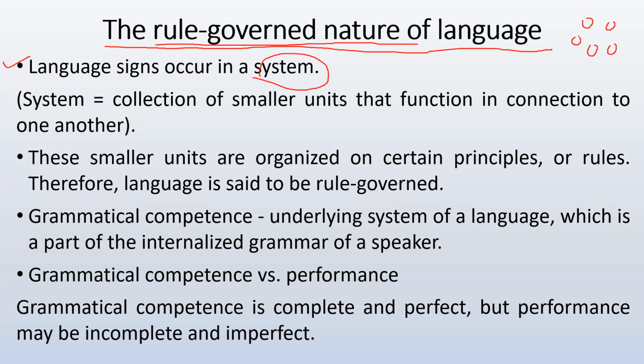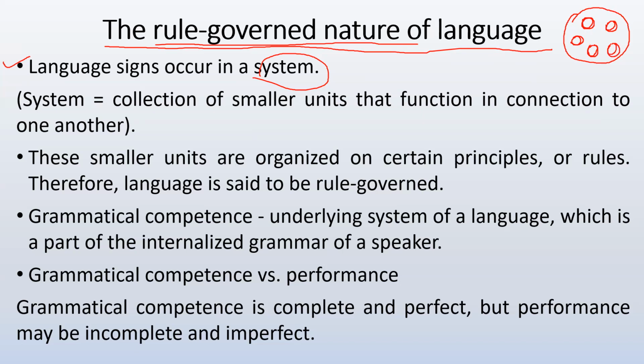It's like this. This whole thing is a system, and inside this whole thing we have small units, smaller units. As you can see here, we have, for example, five different smaller units.